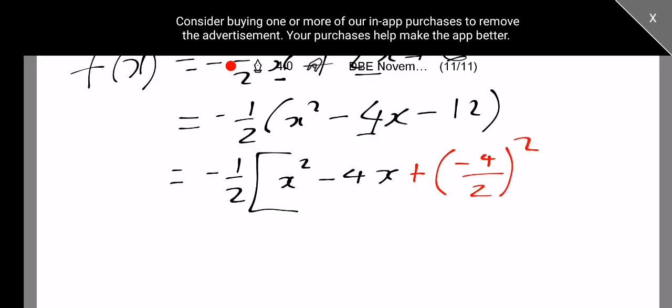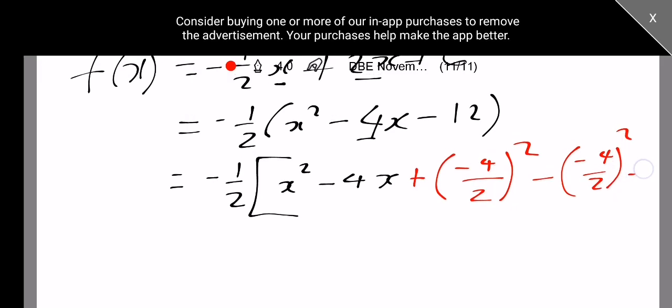And again, since you have added something on the equation, you've got to subtract it. In that way, it is not going to have any effect on the original equation. Minus -4 over 2 squared, and remember minus 12.